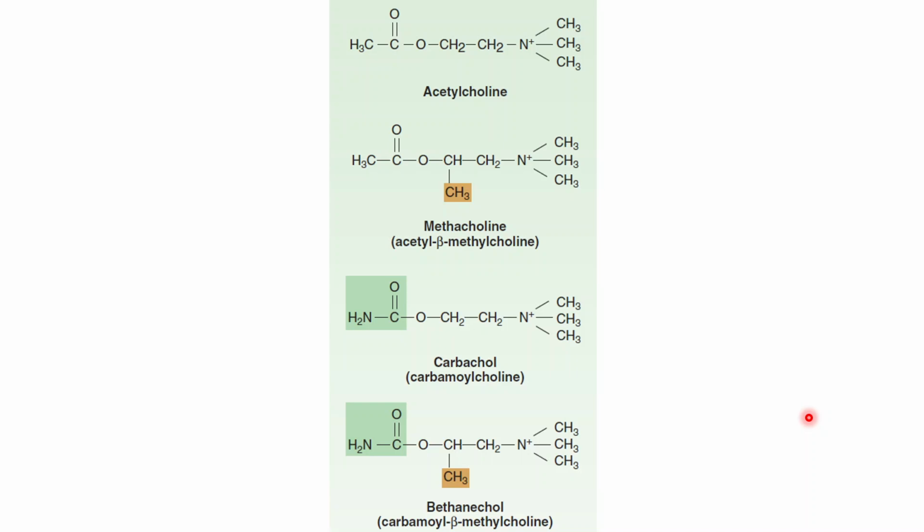So muscarinic agonists act on the eye when instilled into the conjunctival sac. They cause contraction of the smooth muscle of the iris sphincter, which leads to miosis, and they also stimulate the ciliary muscle, resulting in accommodation fixation.